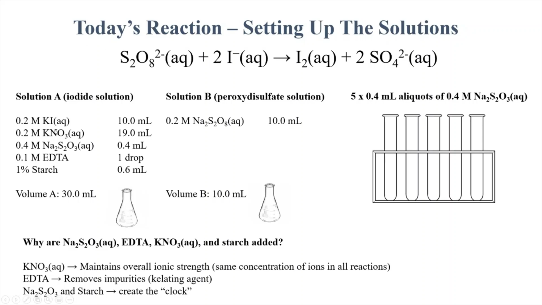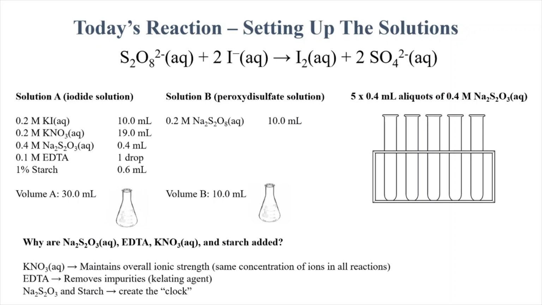That keeps what we call the ionic strength the same, regardless of whether we change the concentration of other things in the solution. That's important because ionic strength can affect the way that a reaction proceeds. It can be important in the mechanism. So we control that variable by adding in spectator ions to make sure that the solutions are always the same.